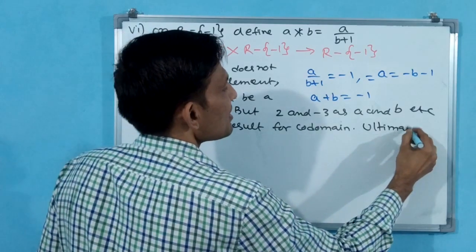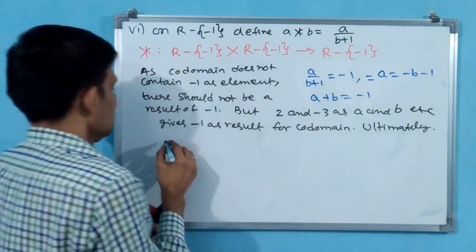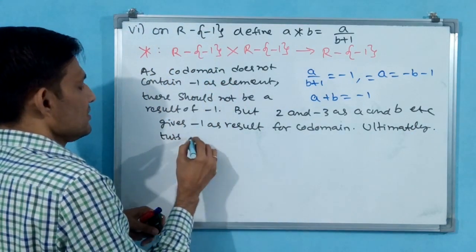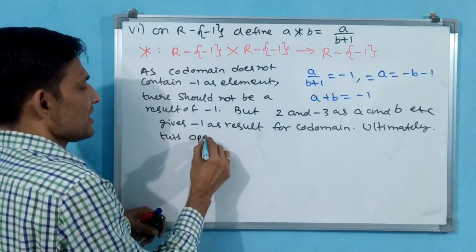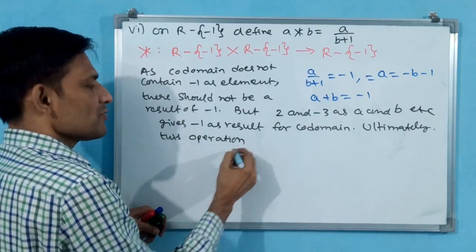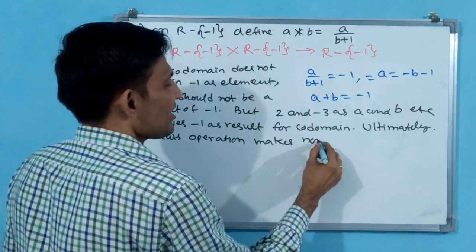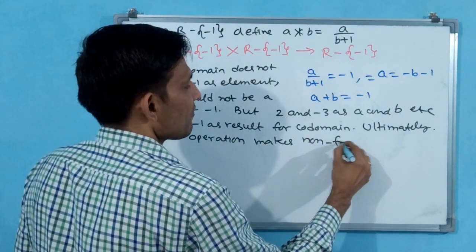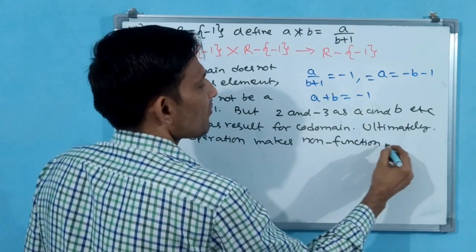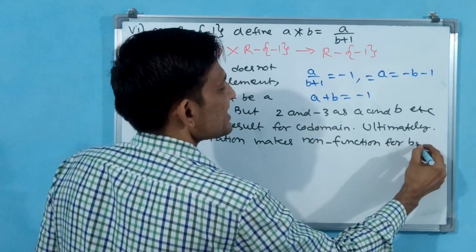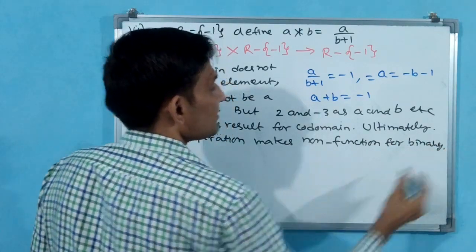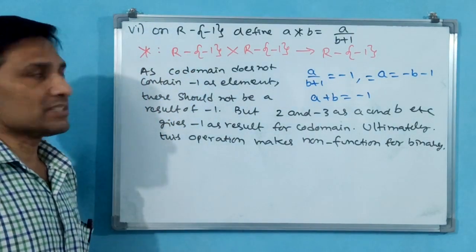Ultimately, this operation makes it a non-binary, non-function for binary. Like this you write and close this answer.